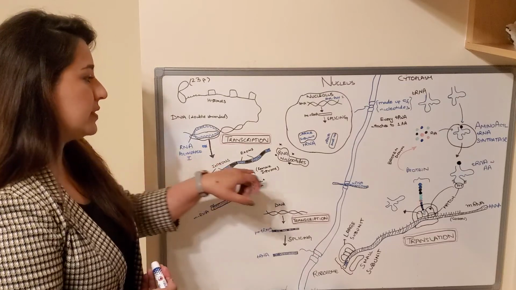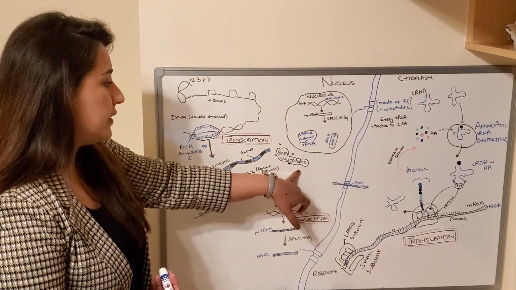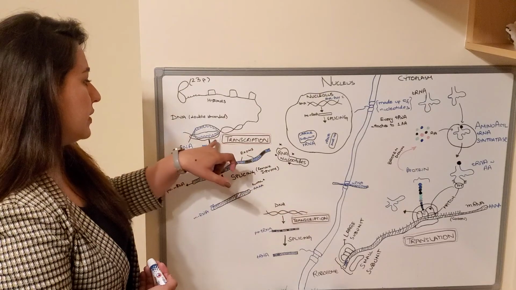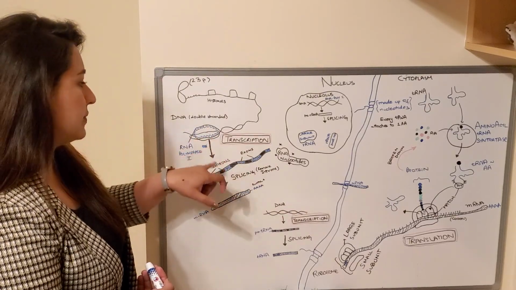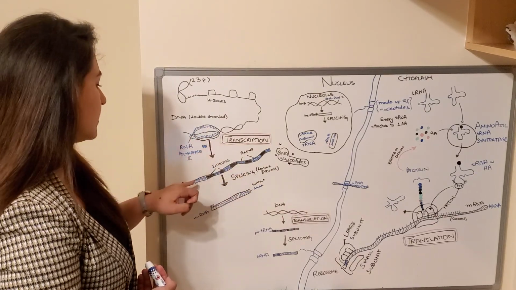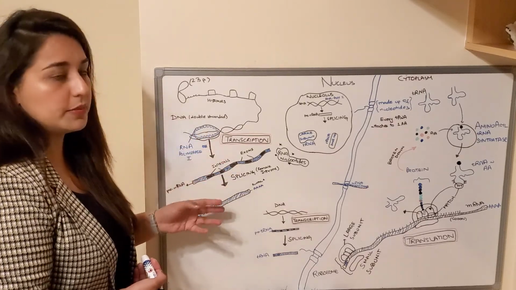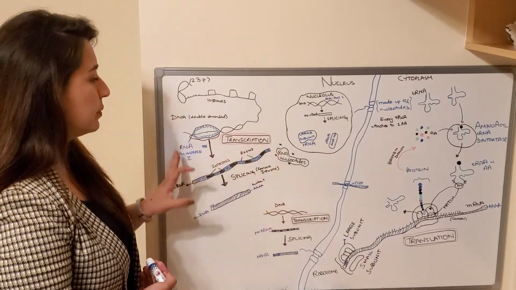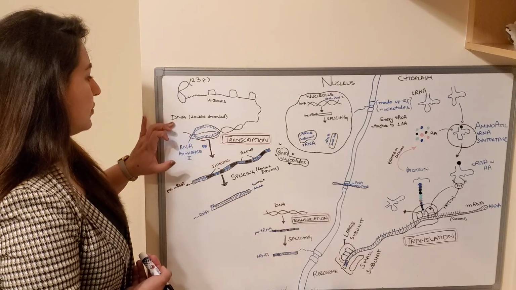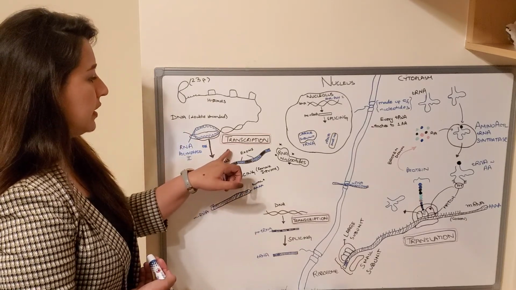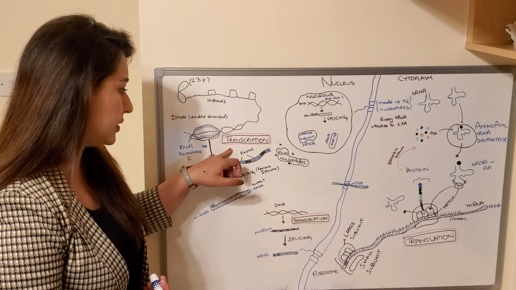This RNA polymerase enzyme will bind together these RNA nucleotides complementary to these bases and it makes the messenger RNA. This whole process of DNA into mRNA conversion is called transcription.